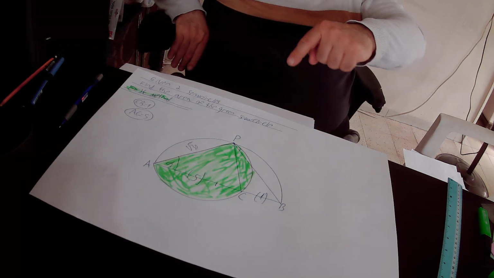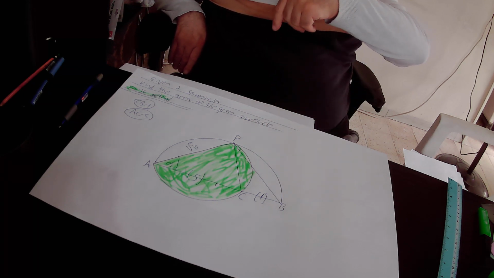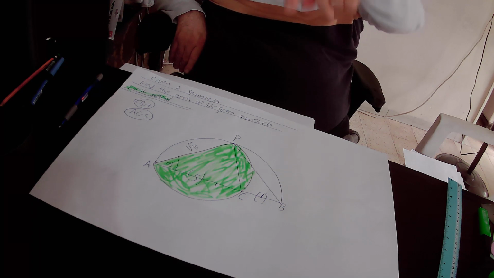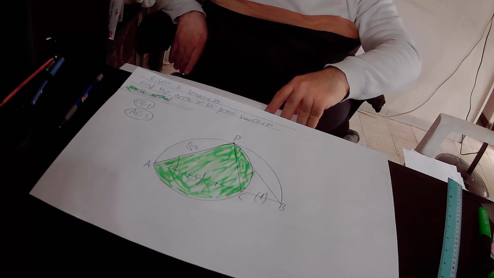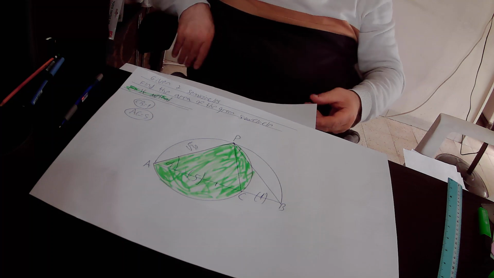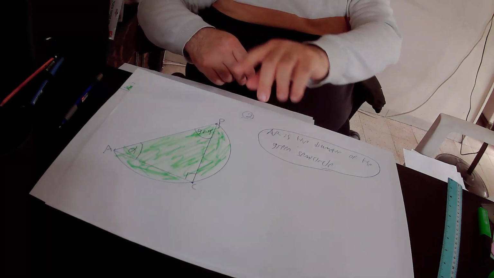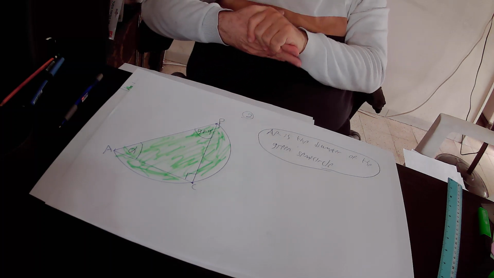In the next step, we join points P and C together by a straight line, and I copied the green semicircle in a new page, and we implemented rule 7 on the green semicircle. This is the green semicircle that I copied from the original drawing.